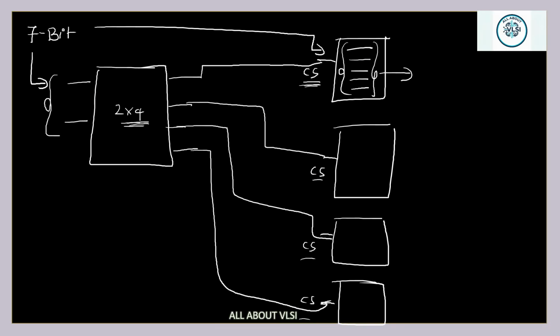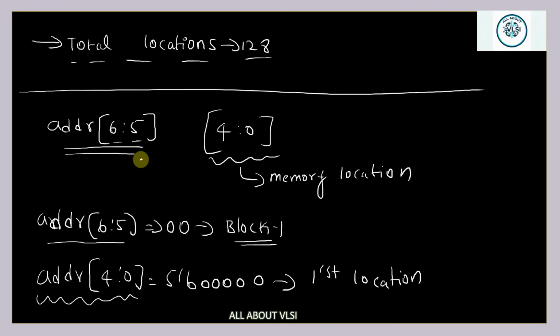Yes. In the case of write operation, first of all you're going to have 7 bits of address, not data. The 6th and 5th bits are used for selecting your block, and the remaining bits are used to select the location where you want to write the data. For example, 6 down to 5 is 00, which means you select block 0, and 4 down to 0 is used for the word location.